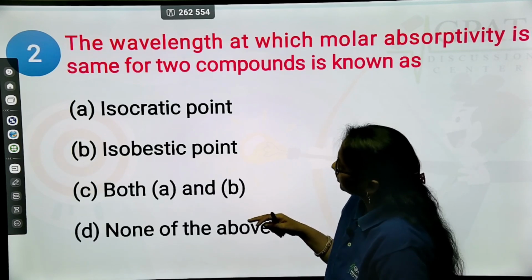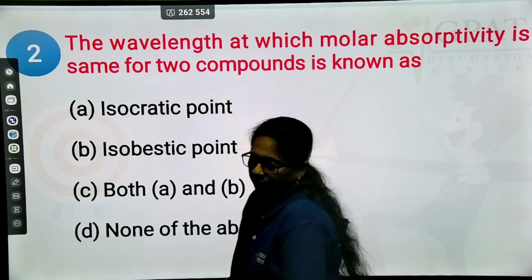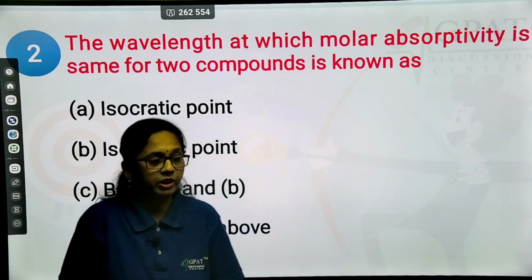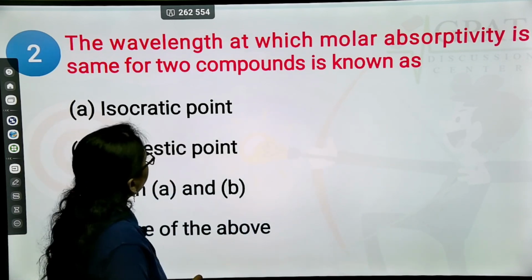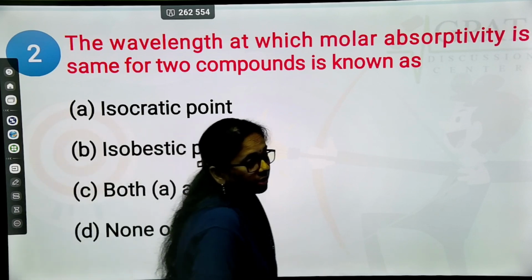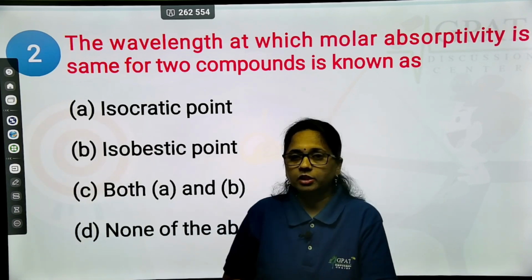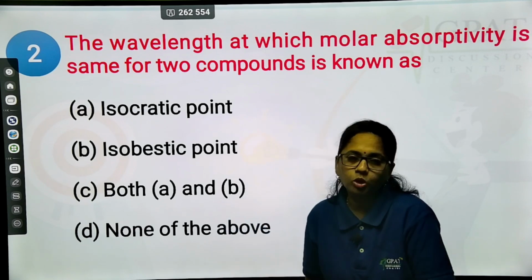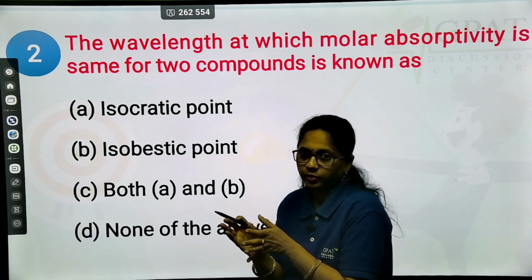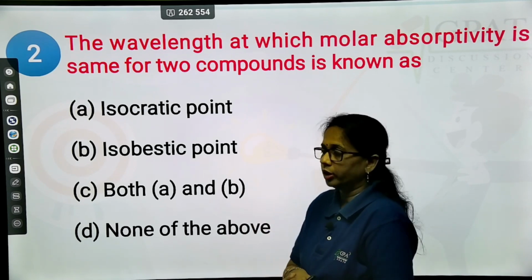Second one: the wavelength at which the molar absorptivity is the same for the two compounds is known as what? This question is related to Beer-Lambert's law.